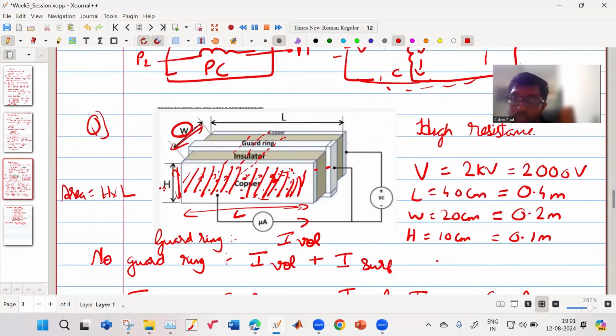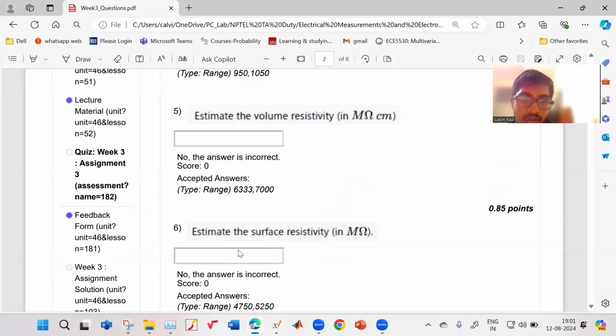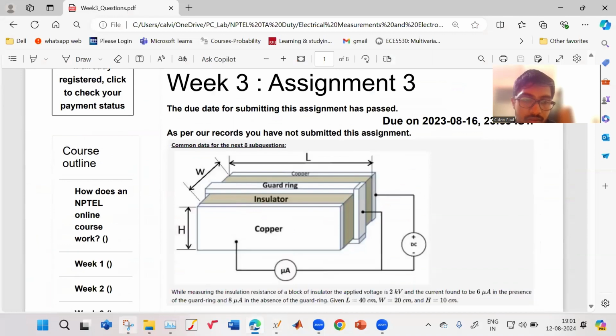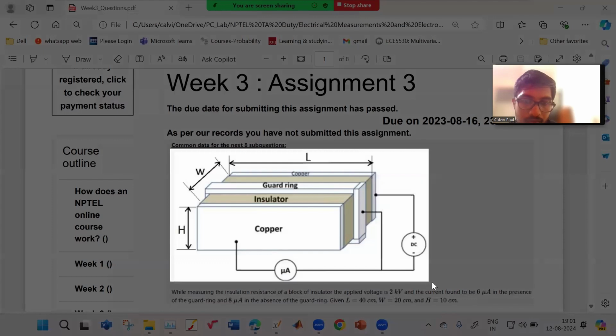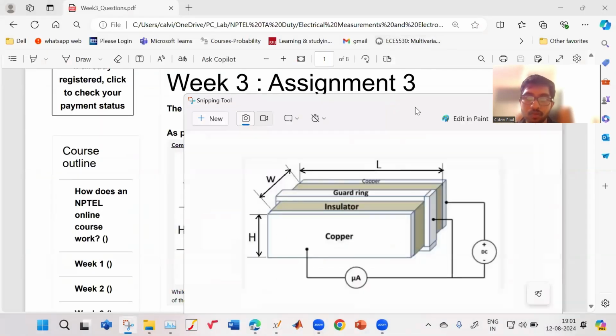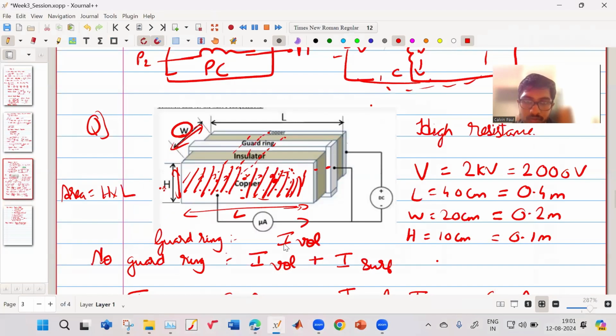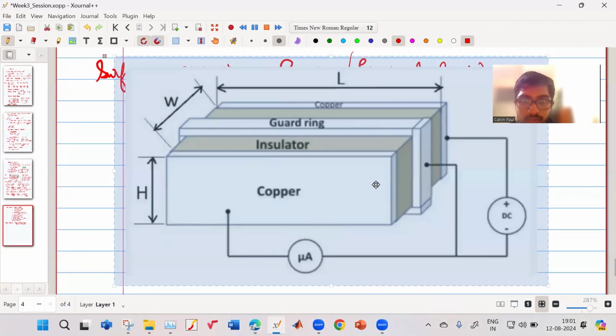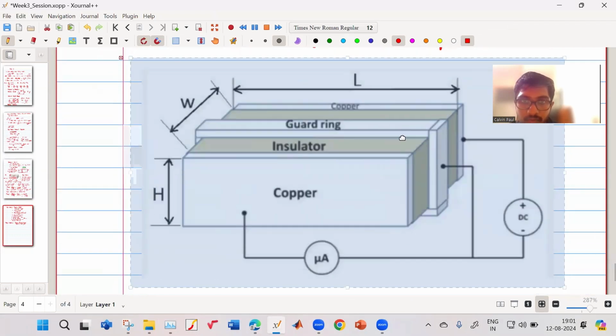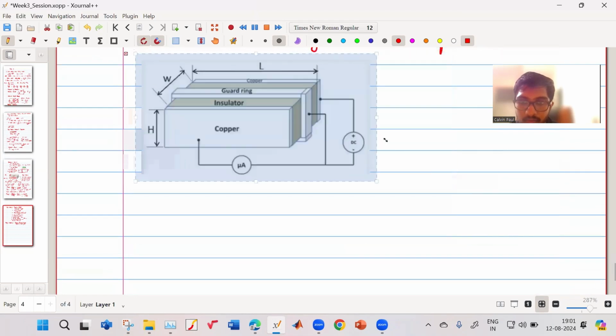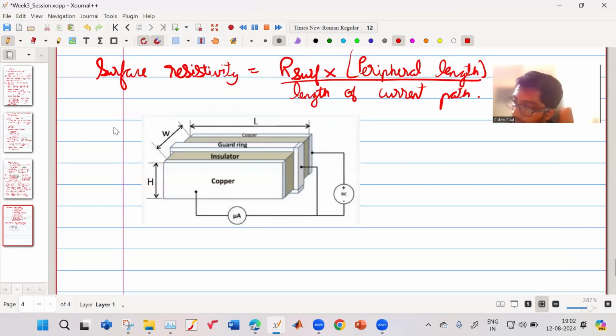If you see this, I'll take one more of this. So we want to find the surface resistivity, okay?